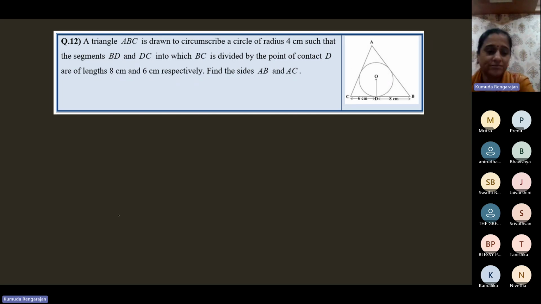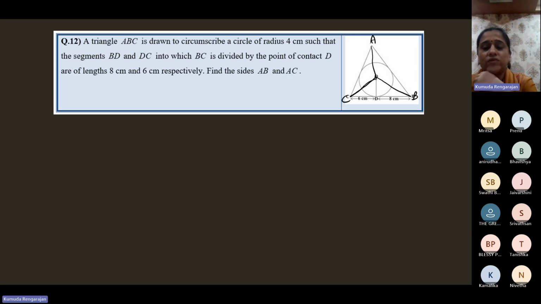So let's join OA, OB, and OC. When you join them, you see that you've divided the whole triangle into three smaller triangles.